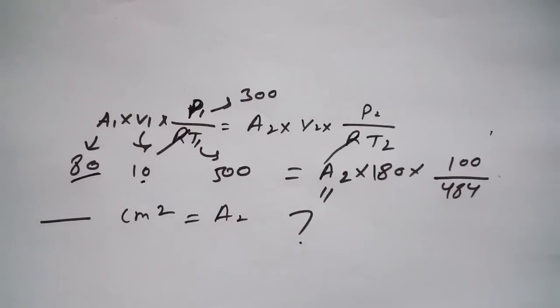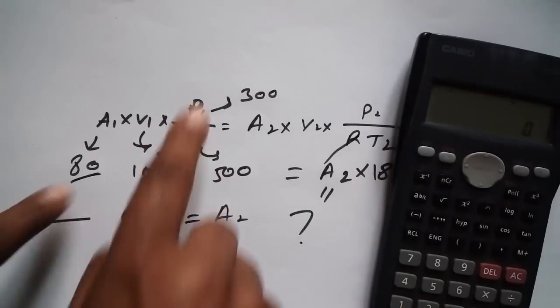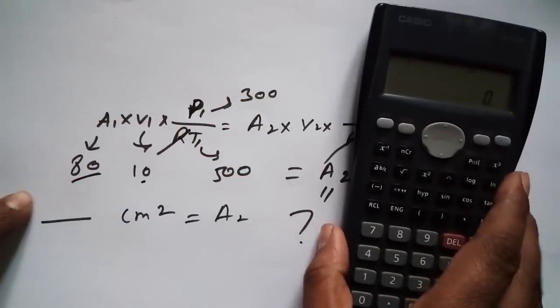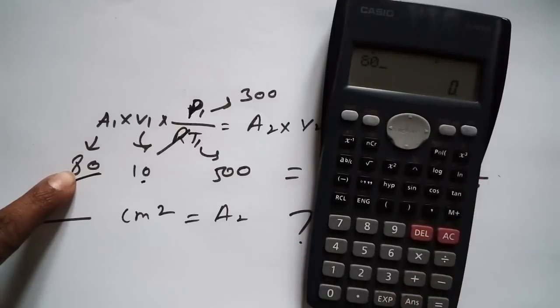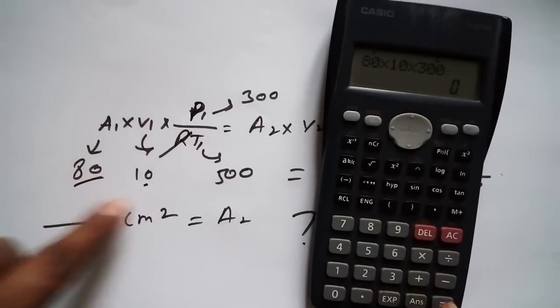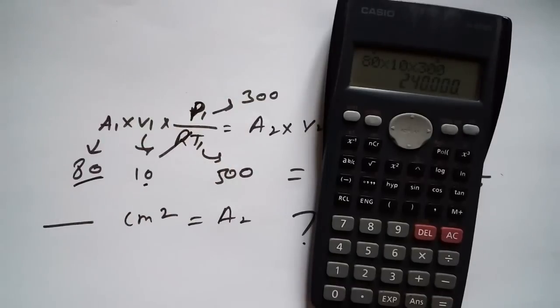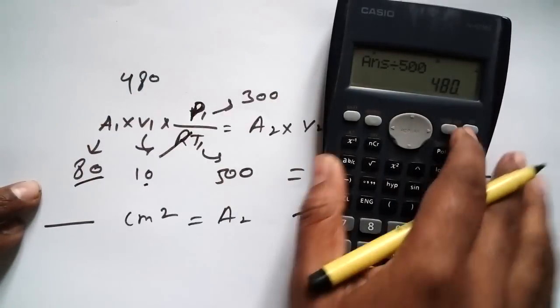So I'm just going to calculate this and show you. First, we solve this portion: 80 into 10 into 300, divided by 500. What we got here is 480.